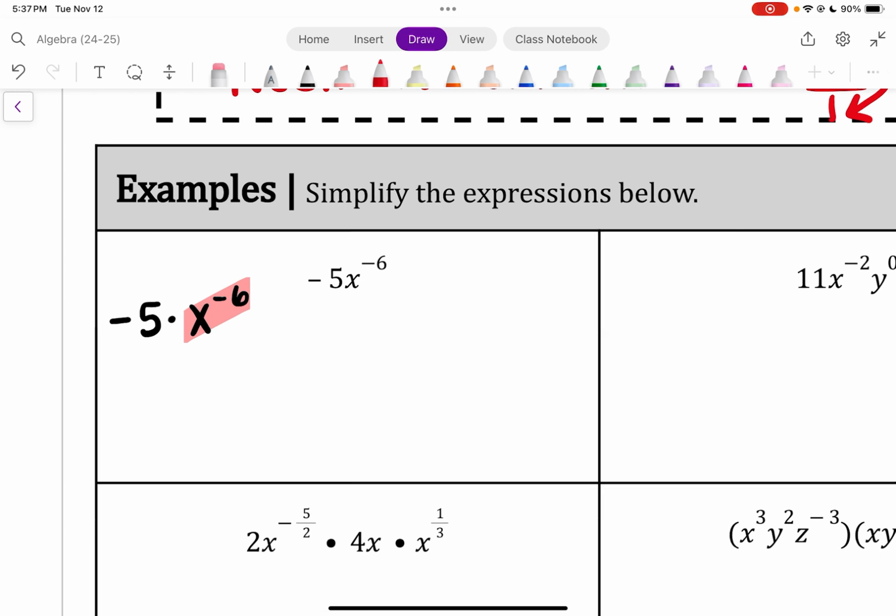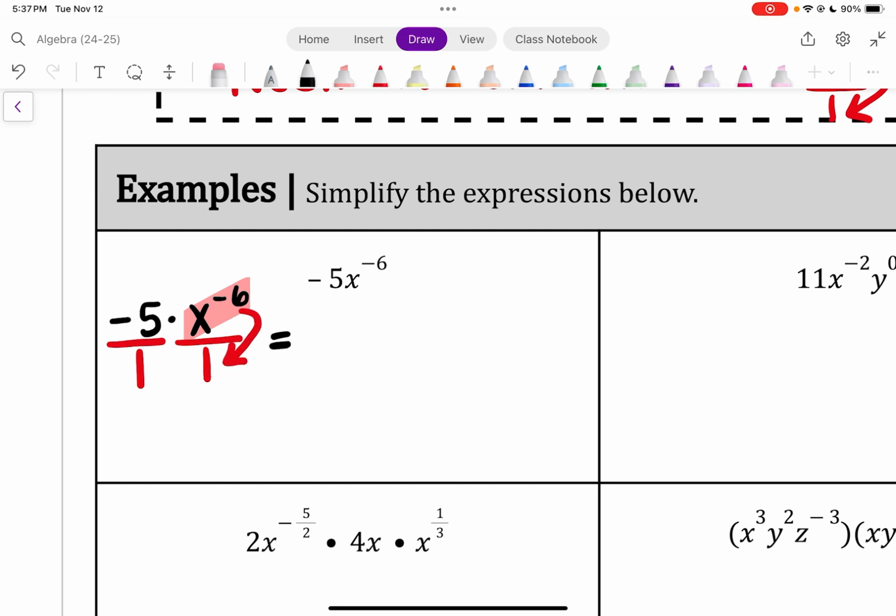In order to flip it, I need to make it a fraction. If I'm going to make the x to the negative 6 a fraction, I'm also going to make the negative 5 into a fraction, just so I know what I'm doing here. So I'm going to flip my negative exponent so that it is happy now.